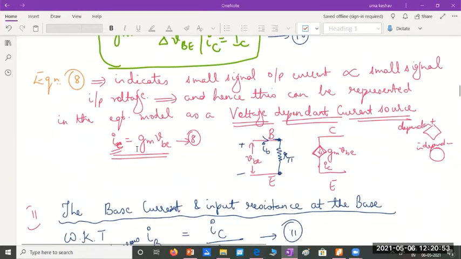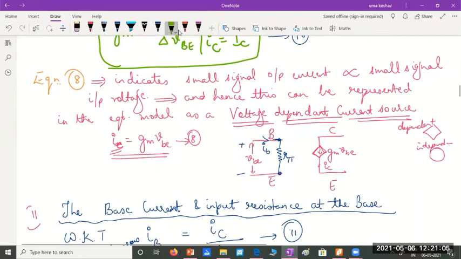So we could write ic is equal to gm vbe. So if I try to write an electrical equivalent circuit, the collector current here, small ic, would be equal to gm times vbe. This is the collector current. This is the collector terminal, emitter.